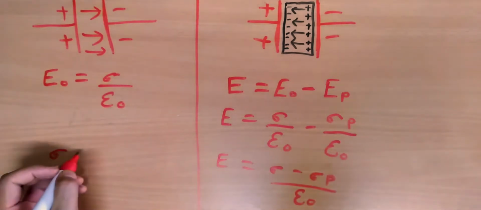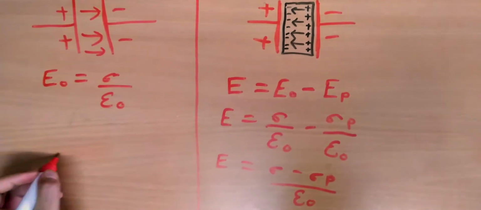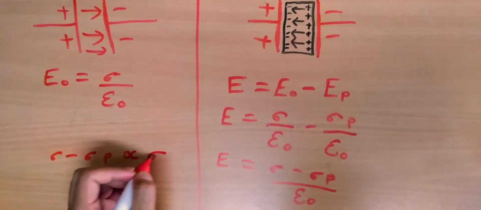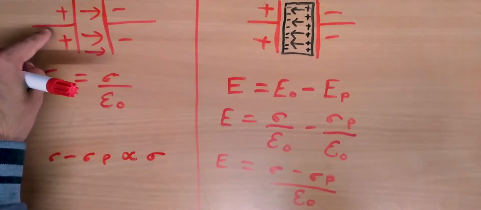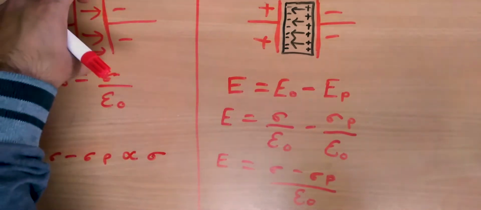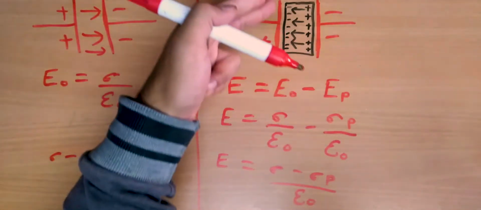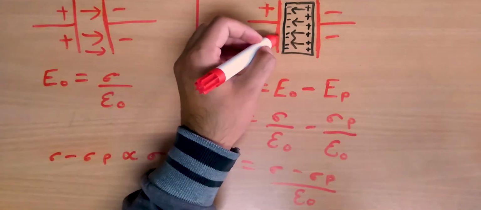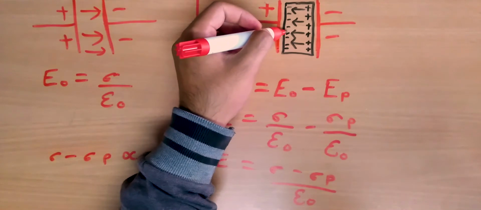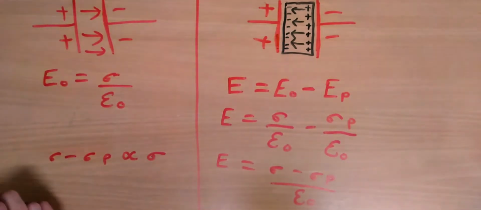So we can say that sigma minus sigma P is proportional to sigma. So if the surface charge density on these two plates increases, the electric field increases, and thus the polarization increases. And because the polarization increases, the difference between this surface charge density and the surface charge density on the dielectric will also increase.